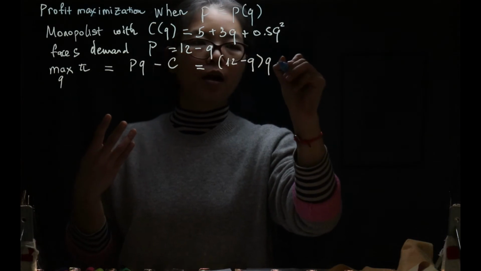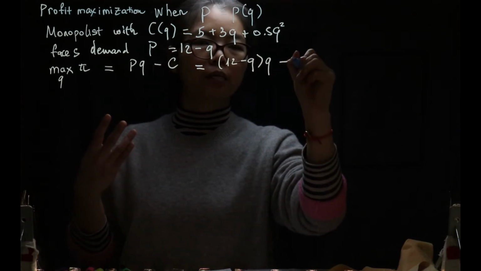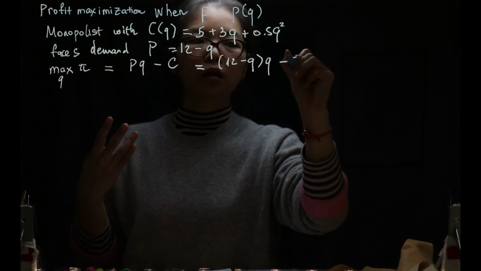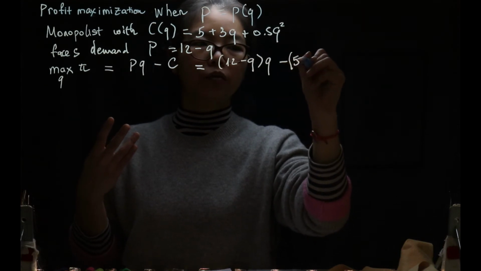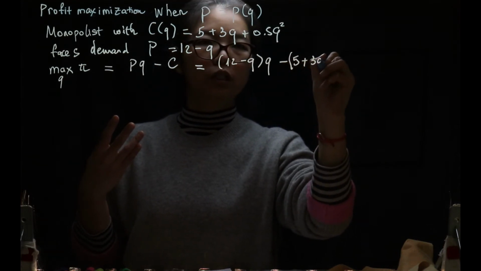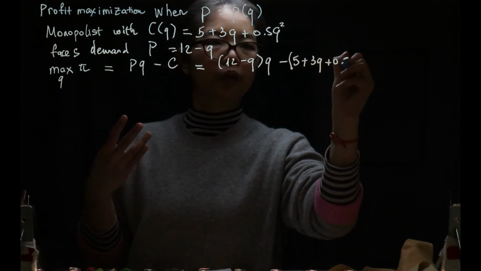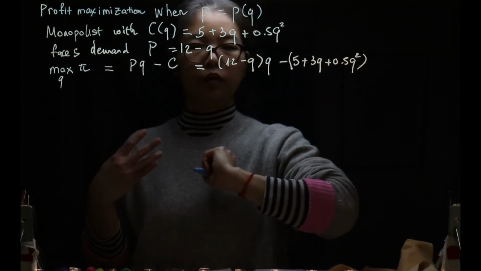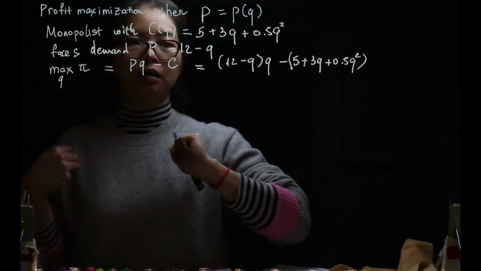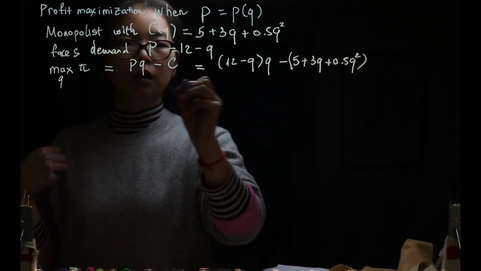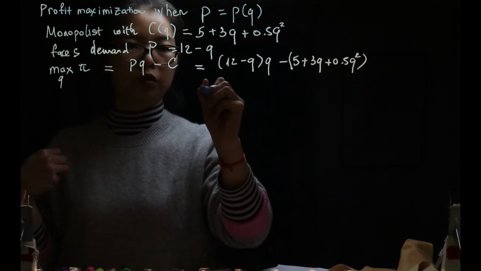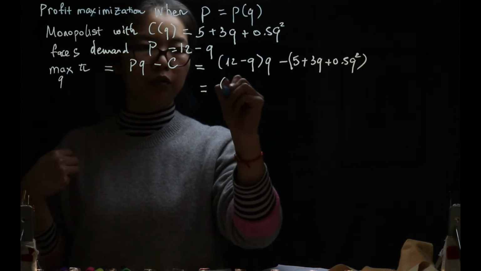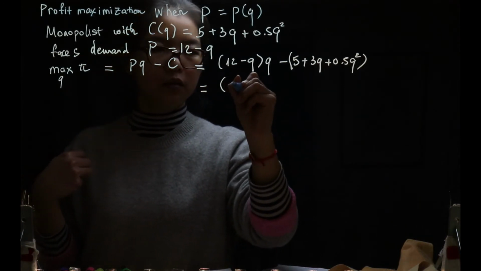Times Q minus the cost. Let's put a bracket in before, easier to see later: 5 plus 3Q plus 0.5Q squared. Okay, that is the profit definition. We could also distribute the Q into the first bracket.